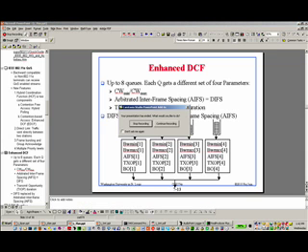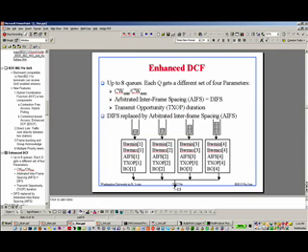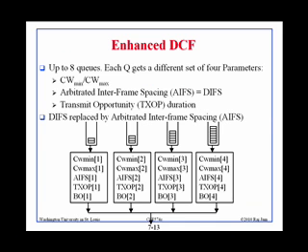I think this should probably be CW min. So for each priority we have a different CW min, CW max, and then we have the back-off timer for each priority, and then there is the interframe spacing, which was your DIFS, which is different.